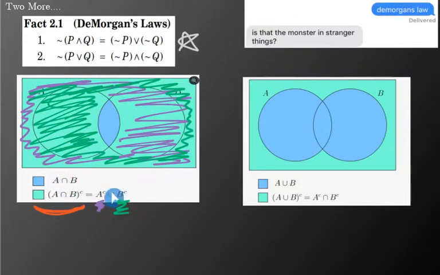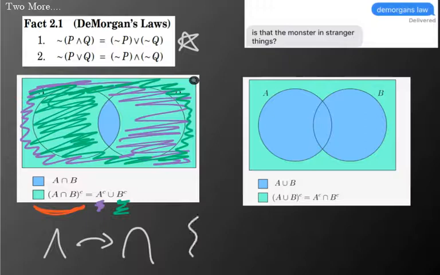You'll notice this symbol looks like these symbols, but when we talk about sets, the conjunction symbol morphs into this N-looking thing. They call it an intersection.